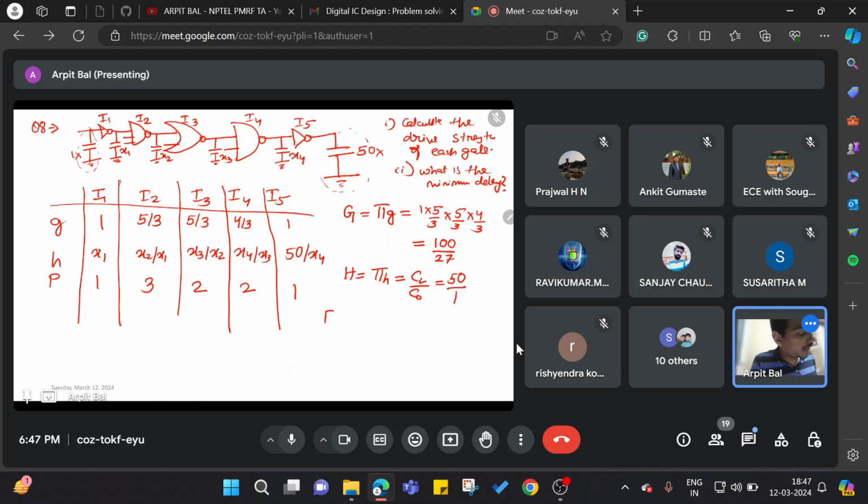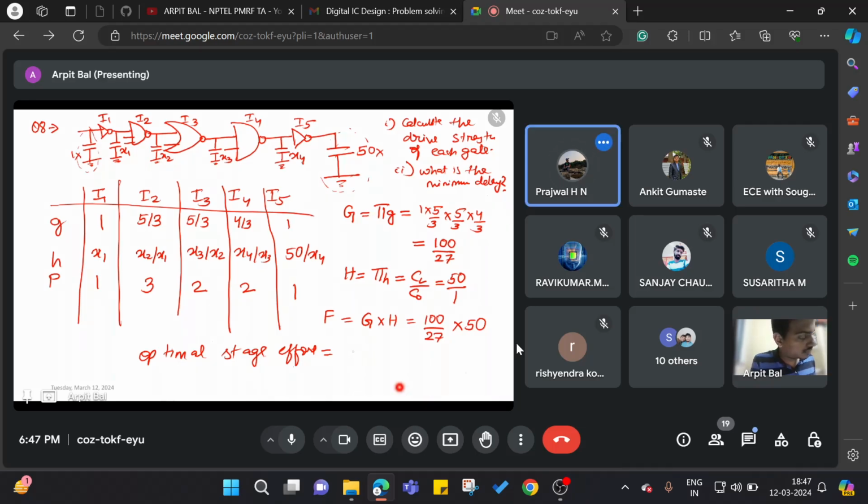And our F is G into H, that is 100 by 27 into H, that is 50. So the optimal stage effort is equal to, can someone calculate this? 2.84.